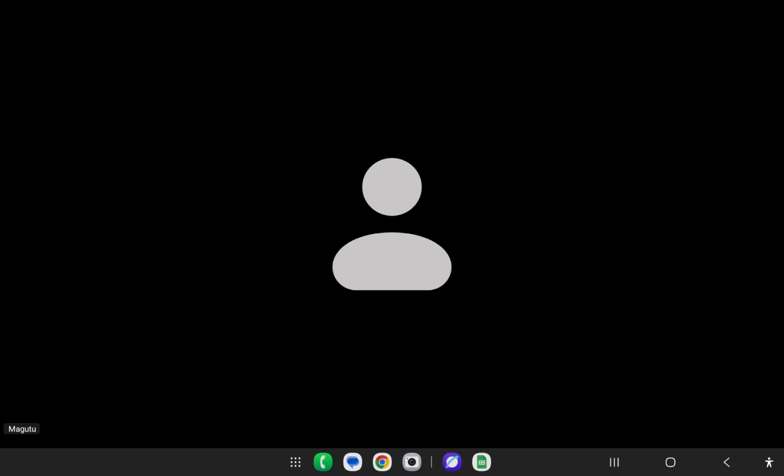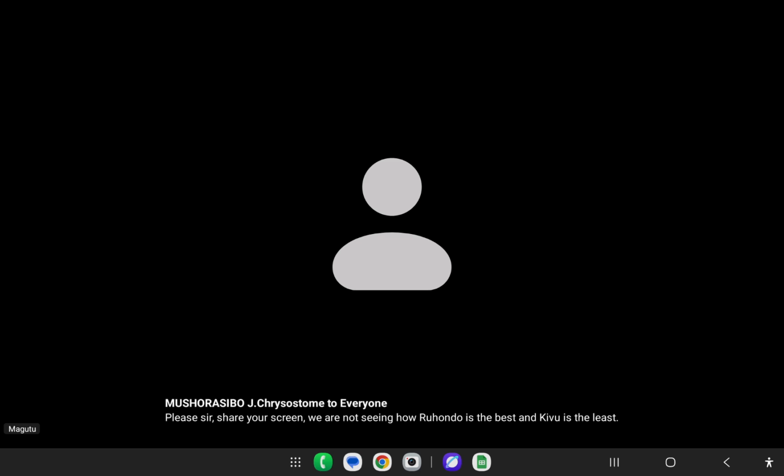Before we do the capital intensity, we need to explain this. Which one is the best? Ruhondo is the best, Ihema is the least. No, Kivu is the least.